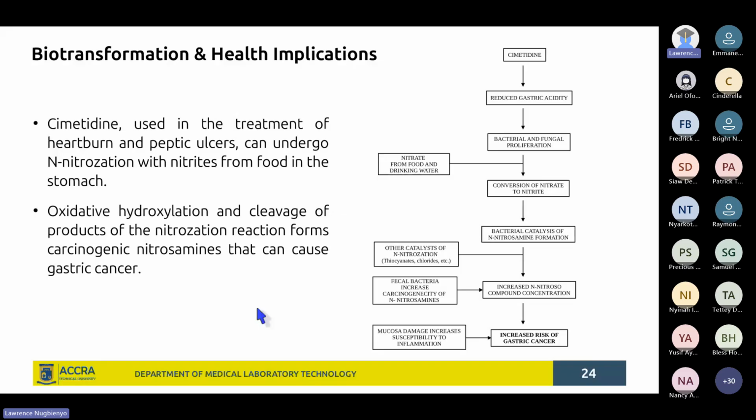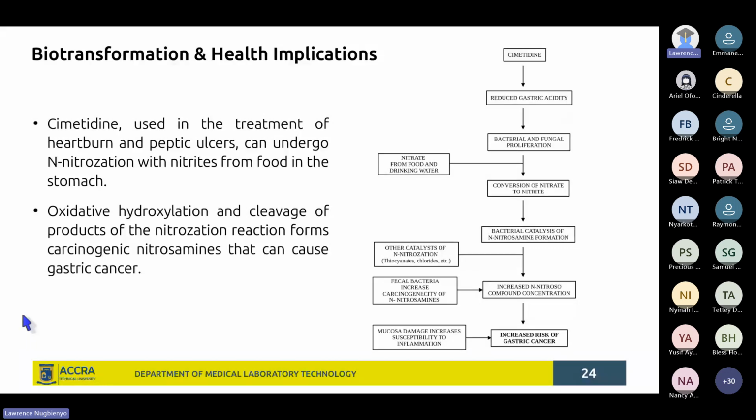So that reduced gastric acidity creates a condition in which bacteria and fungi in the gastrointestinal tract have that environment for more proliferation, more growth.